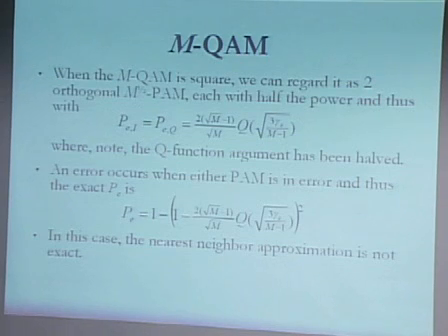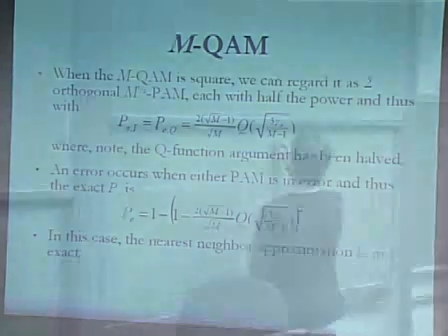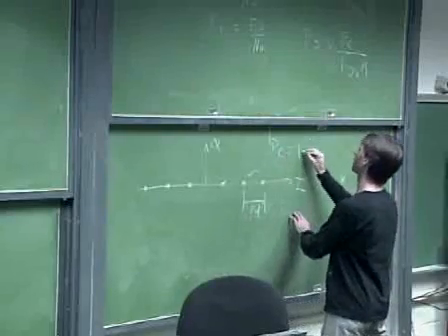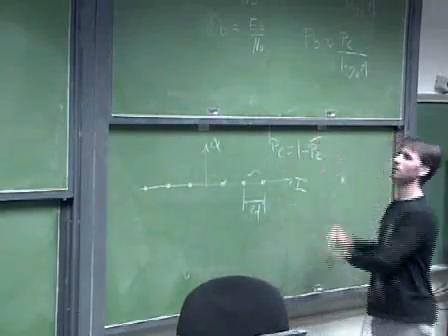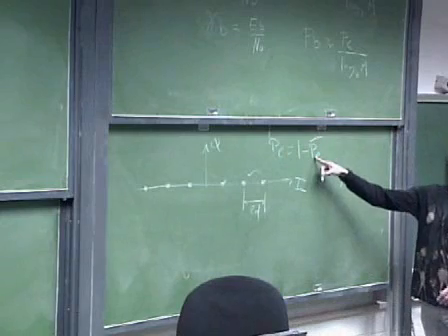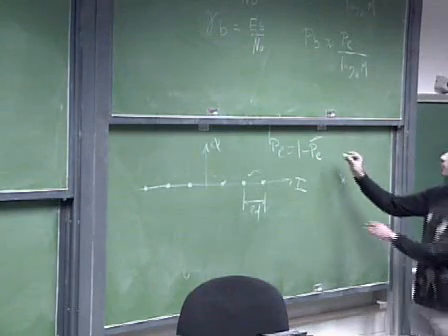Now, as we saw before, an error occurs when either of them is in error. So we can use the same trick, right? We write PE equals 1 minus PE bar, and now express this P bar as the product of the P bars on both branches.